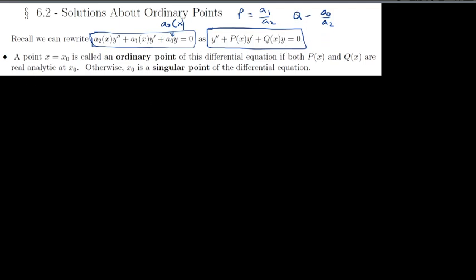All right. So the first definition is that a point is going to be called an ordinary point. x0 is called an ordinary point of the differential equation if both p and q are real analytic. So they're analytic functions; they have a power series centered at x0.